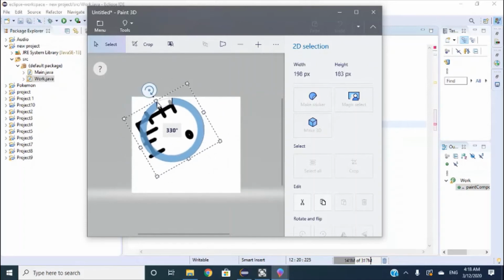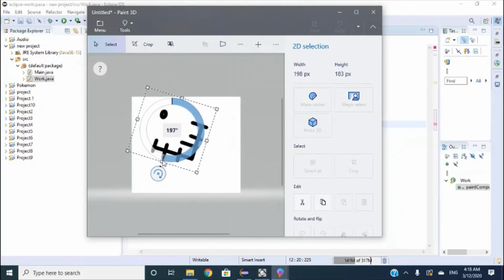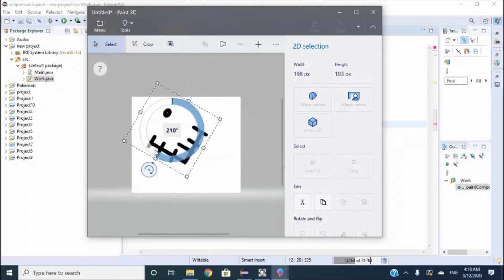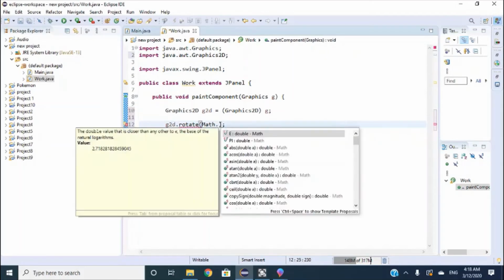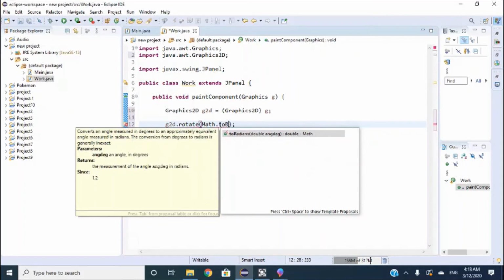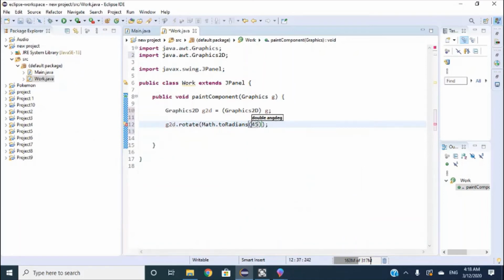And we can use this to create a spiral of dots. So let's try this. g2d.rotate, and the rotate method only takes radians, so we need to do Math.toRadians. And let's rotate it by 45 degrees. Now we can draw.